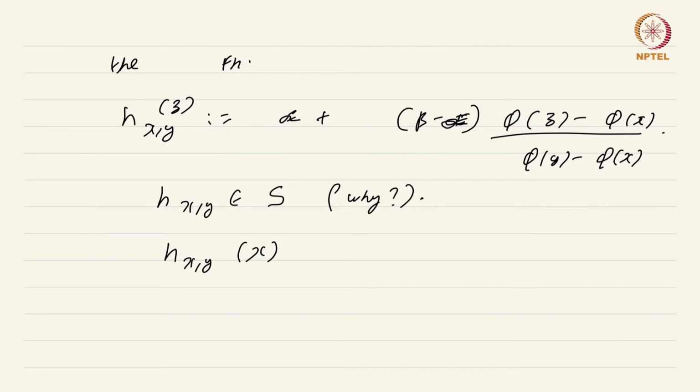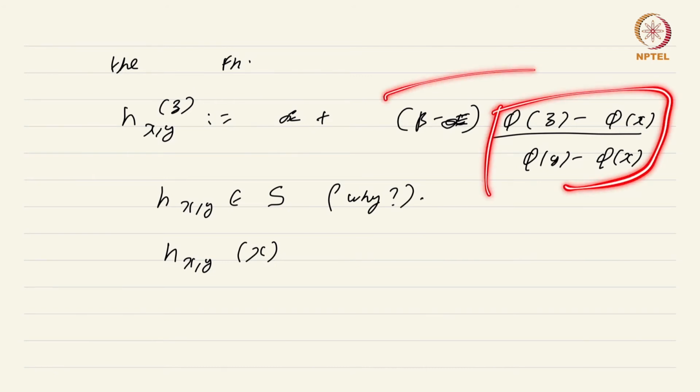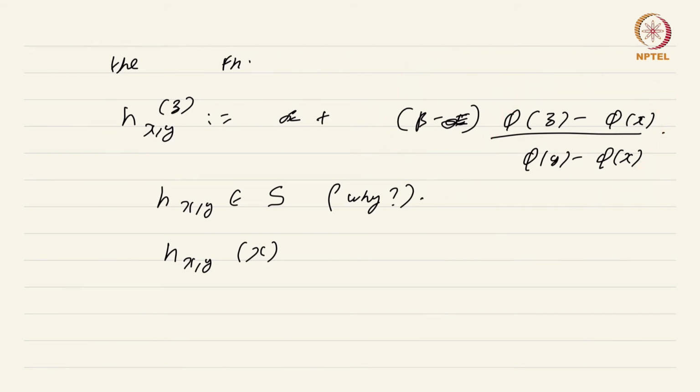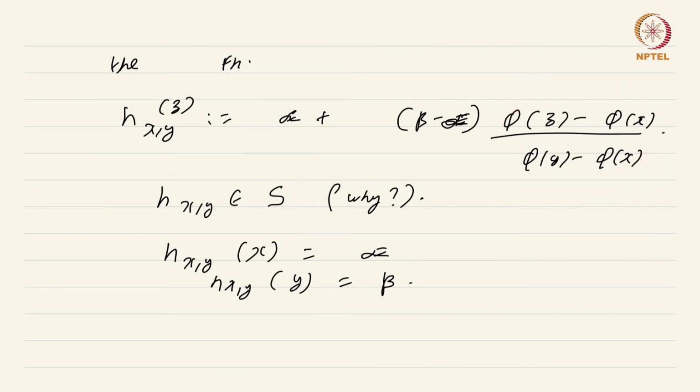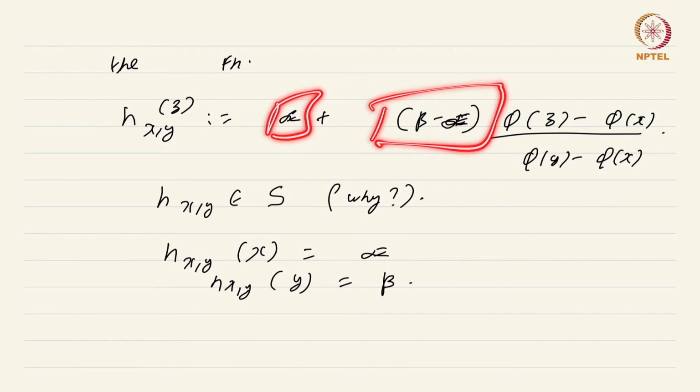Now at the point x, this thing vanishes, so this whole thing vanishes, so you will end up with alpha. Similarly h_{xy} at y is beta, because this quantity becomes phi of y minus phi of x by phi of y minus phi of x, which is just 1, so this is alpha plus beta minus alpha, which is just beta.